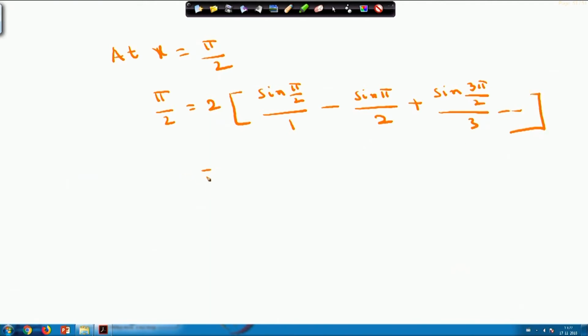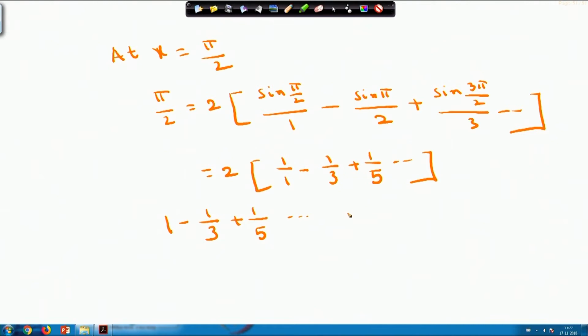Which is nothing but 2 into 1 by 1 minus 1 by 3 plus 1 by 5, and like this way we will continue. So the value of the series 1 minus 1 by 3 plus 1 by 5, like this way, is equal to pi by 2 divided by 2, so it becomes pi by 4.